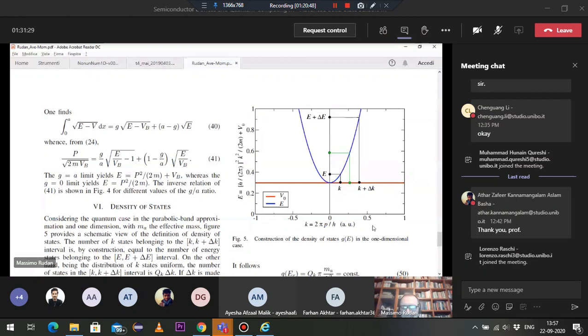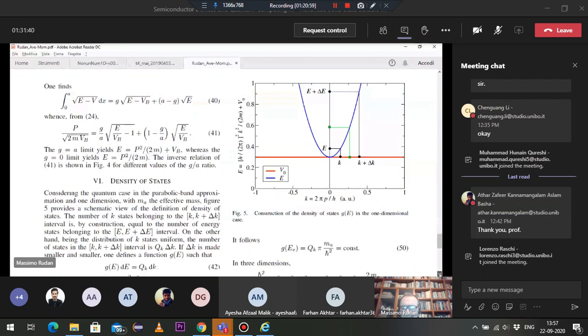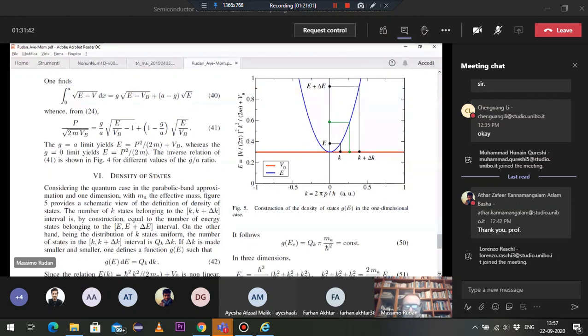We have to introduce the important concept of density of states. For this, we take a simple figure, that is the figure that you can see on the right.